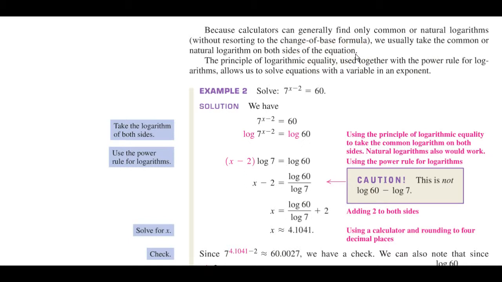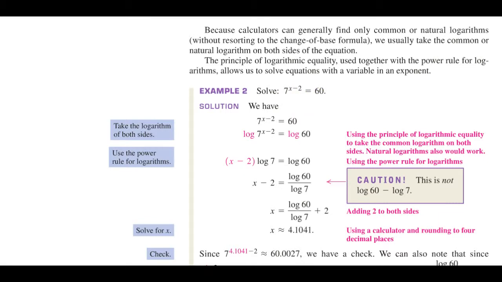So the common logarithm is base 10, and the natural logarithm is base e, which we also did in the previous section. So here we're asked to solve this. So let's follow their work.